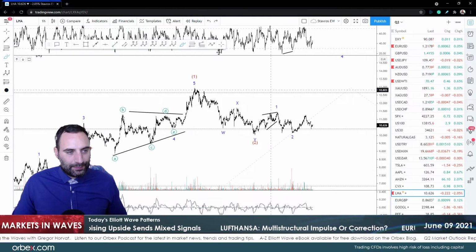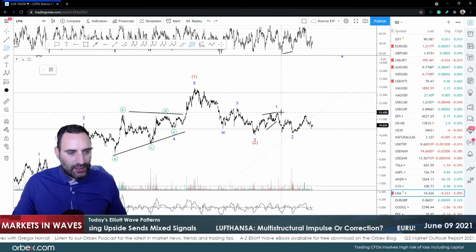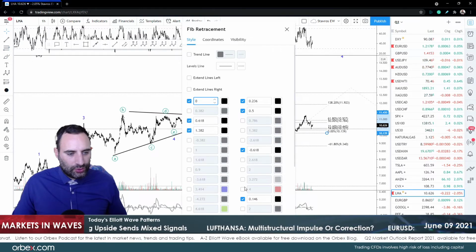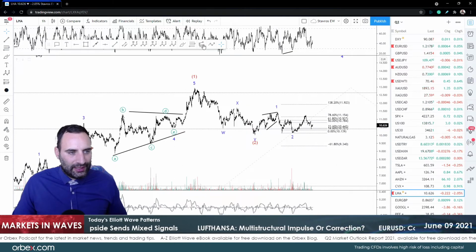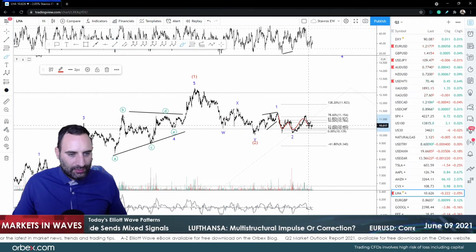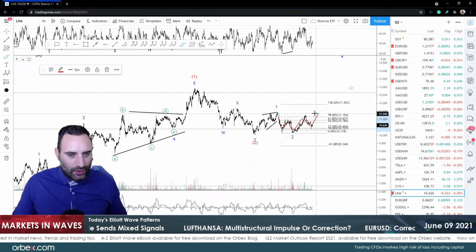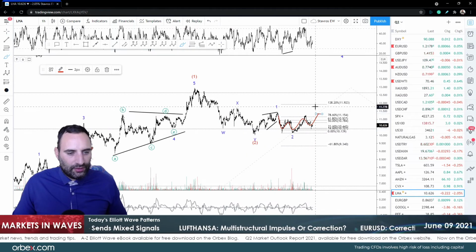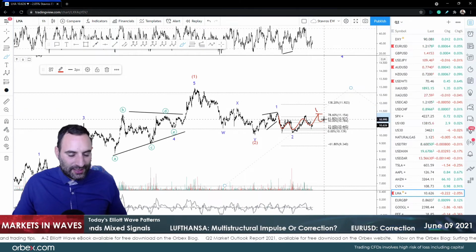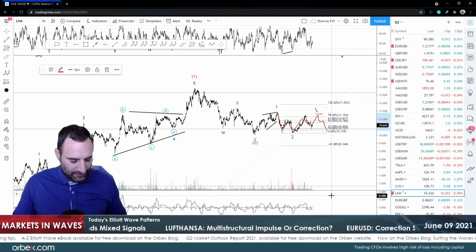And if we look at how much this corrected, we need to really pay attention to, okay, we didn't get up to the 90, but this can be ABC. If you go up to 90% of wave 1 for wave B, then at least we can expect a valid flat pattern, guys, okay?